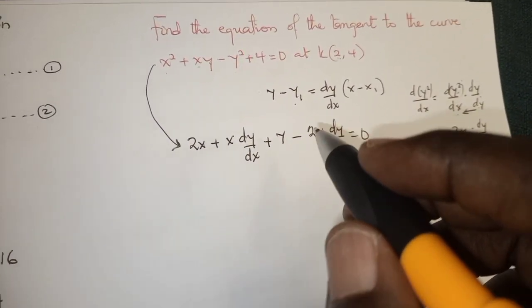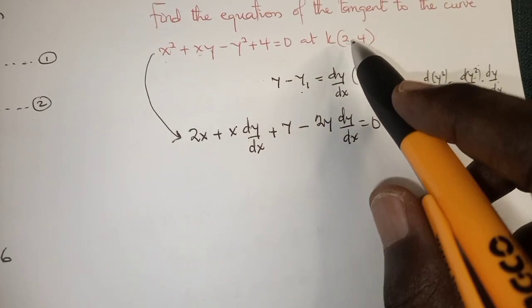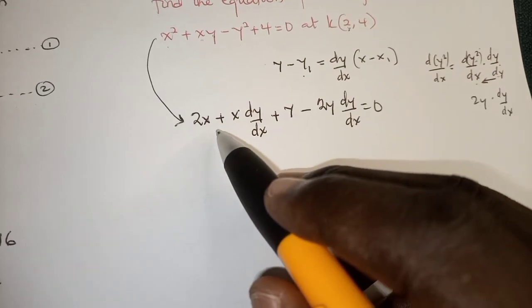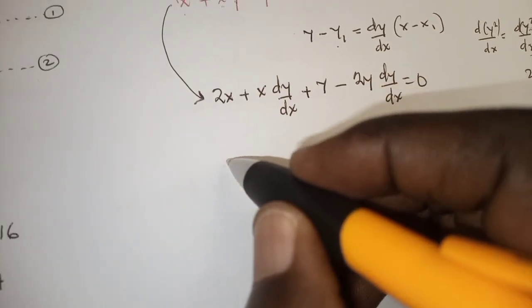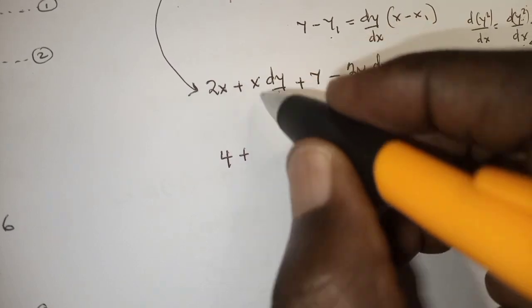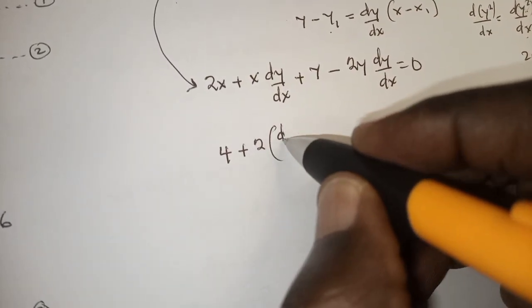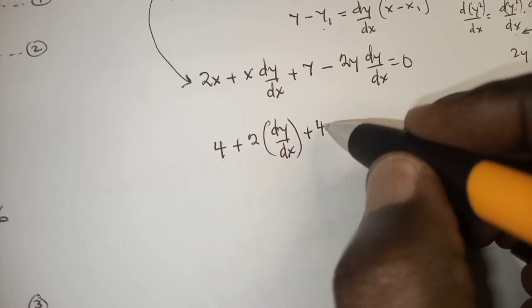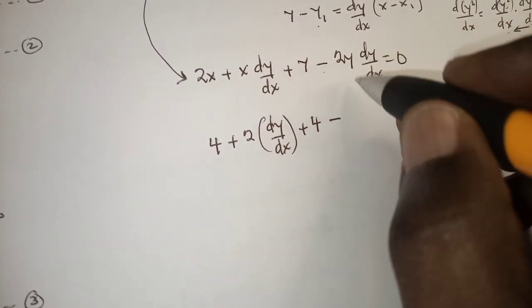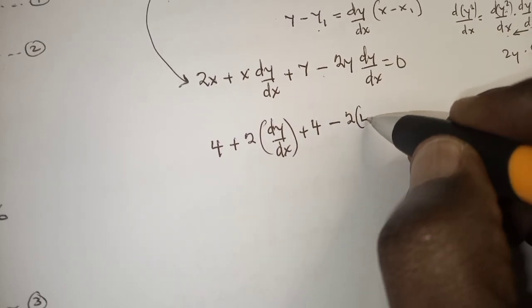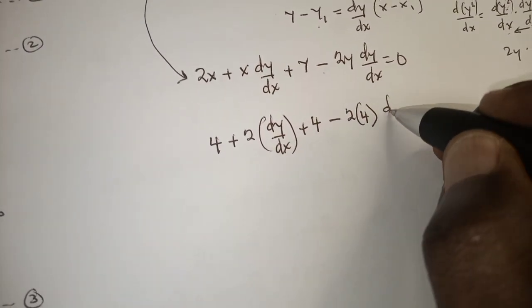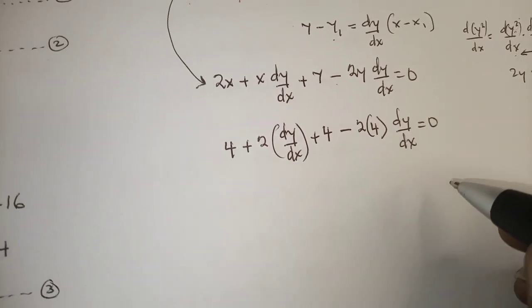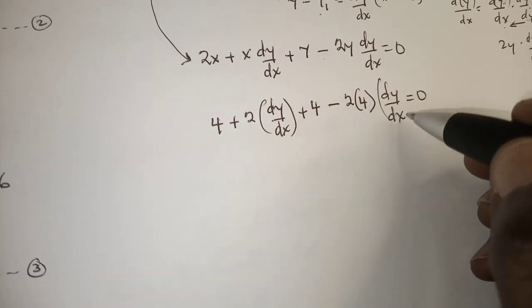So we bring like terms together, or we can just substitute the values. Let's substitute the values straight away. So x equals 2, so 2 times 2, you get 4, plus 2 times dy on dx, plus 4. Then you have minus 2 times 4 times dy on dx, since y is 4, equals 0. You can put dy on dx in brackets.